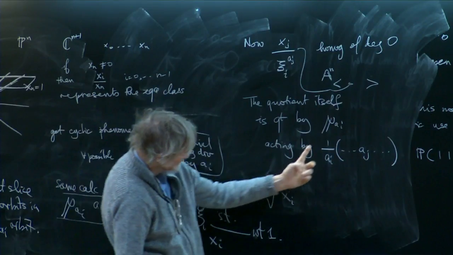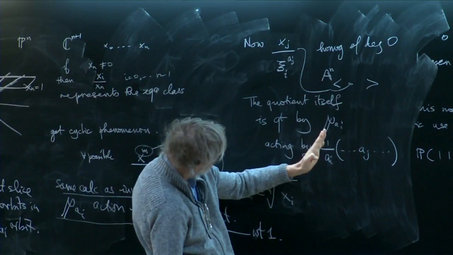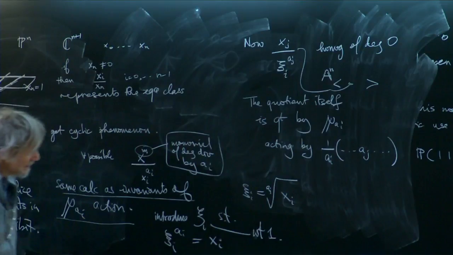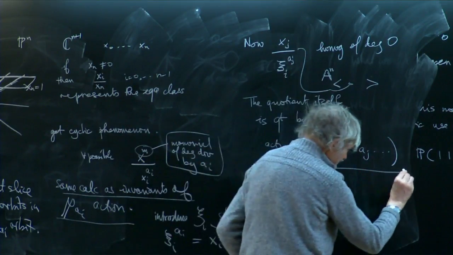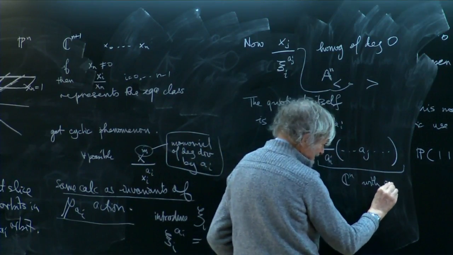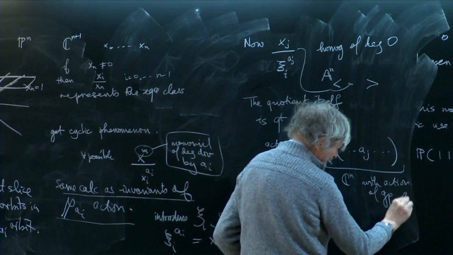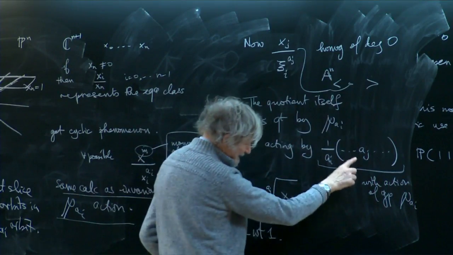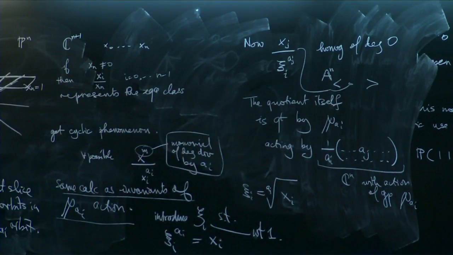And that's the same as taking the ring of invariants of mu ai acting on this polynomial ring. Yes? And so this notation means C^n with the action of the group mu ai. So this is just a cyclic group of order ai, acting with these eigenvalues, characters.